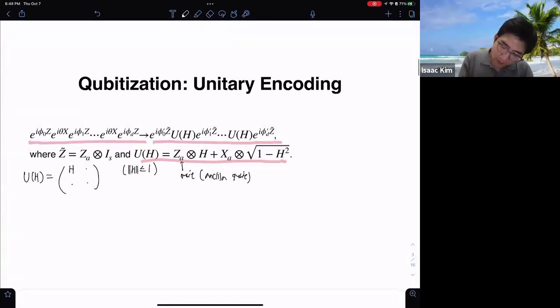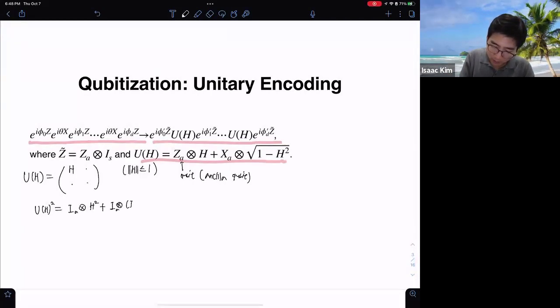The first thing to notice is that U of H is actually a unitary operator. How do you see that? Again, like the trick I used in previous lectures, you just square it. If you square it, ZA squared is just the identity on A, and you have H squared. XA squared is again an identity, so I_A tensor (I minus H squared).